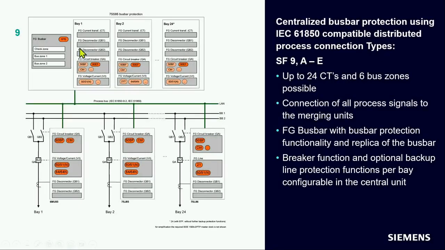But to reach a maximum of 24 current transformers, it's essential to create each backup functionality which is possible in the merging unit and not in the 7SS85 central unit, because of the memory consumption of the 7SS85. The only exception is the end-fault protection, which in this type of distributed busbar protection must be located in the 7SS85.